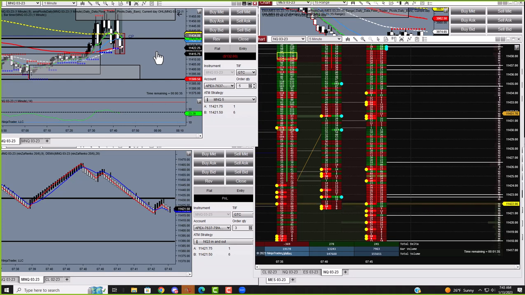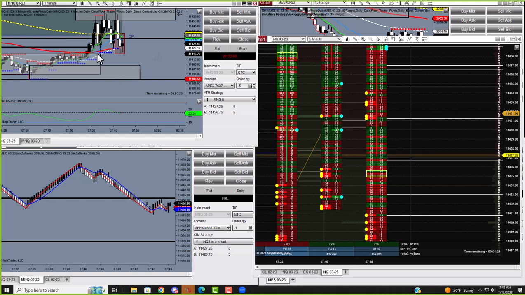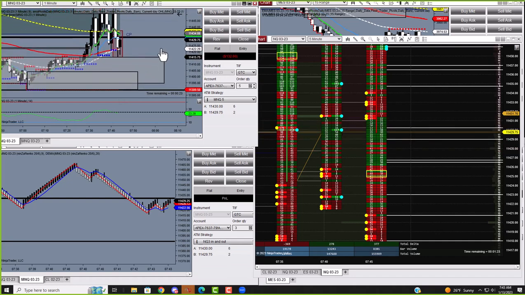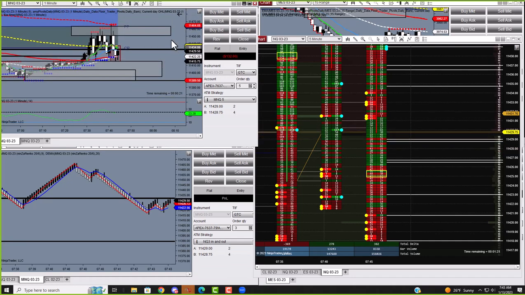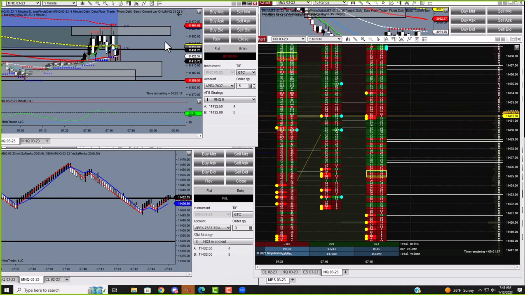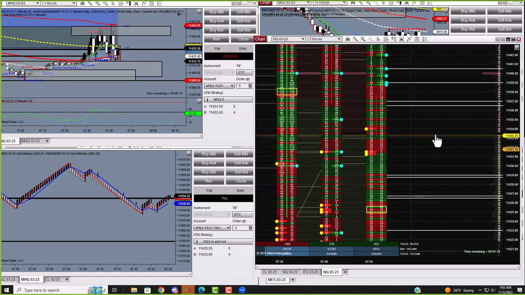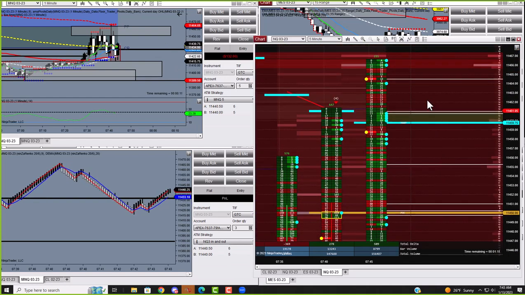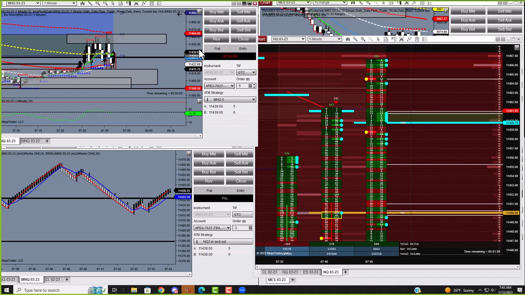Pushing into the buy zone once again. That's the buy zone. All right guys, it's still long to me. Order filled. They pushed down.